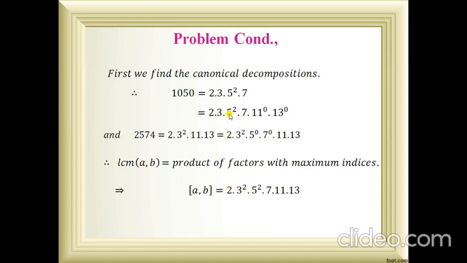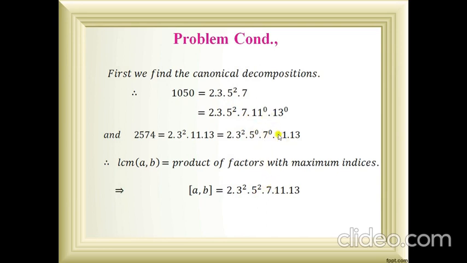Next factor, 3: here 1, here 2. So 3 power maximum of 1 comma 2, and the maximum value is 2. Next, 5 power maximum of 2 comma 0 is 2. Next, 7 power 1 and 7 power 0, maximum value is 1. So 7 power 1.